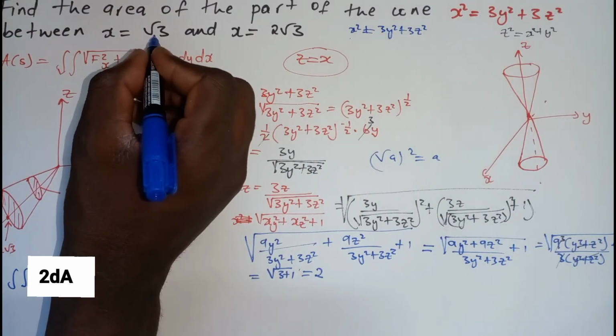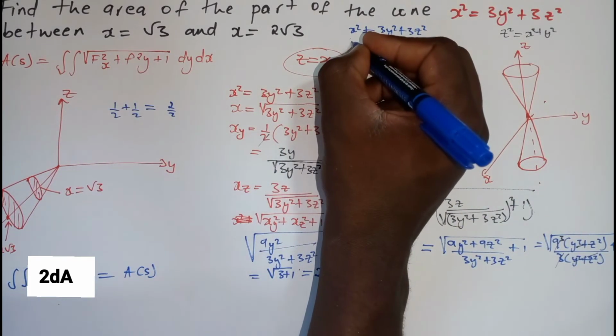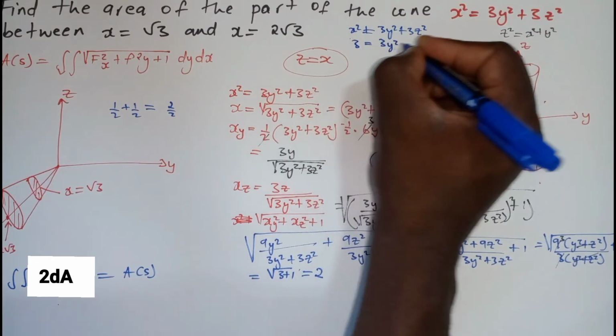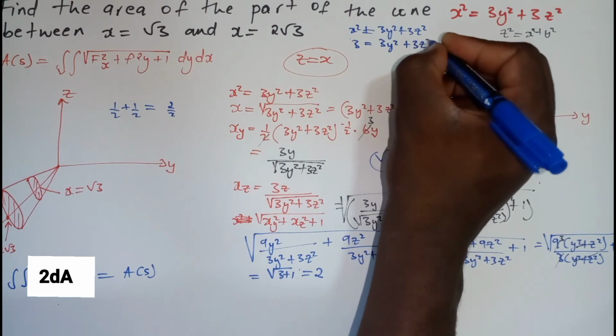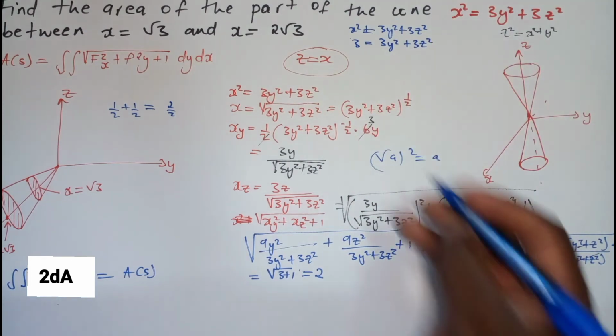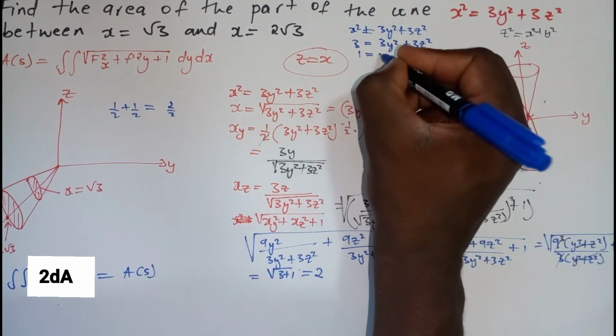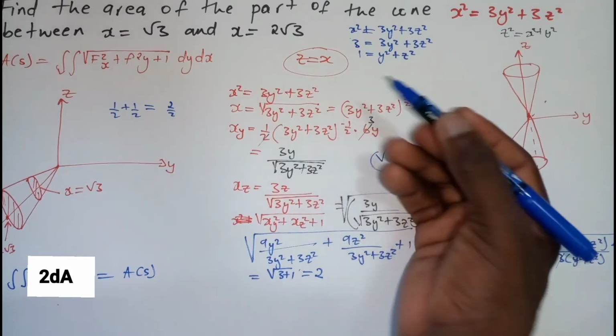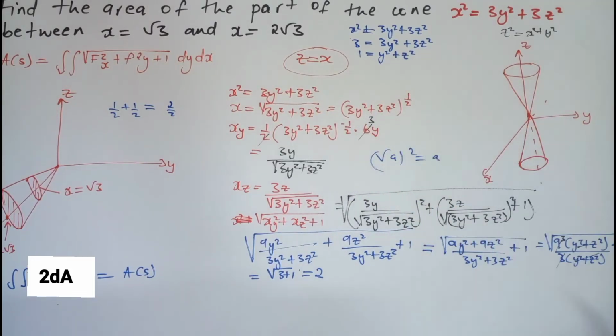Let's put root 3 here. So 3 is equal to 3y squared plus 3z squared. So you can see this is going to be 1 equals y squared plus z squared. So this is the equation of a circle with radius 1.